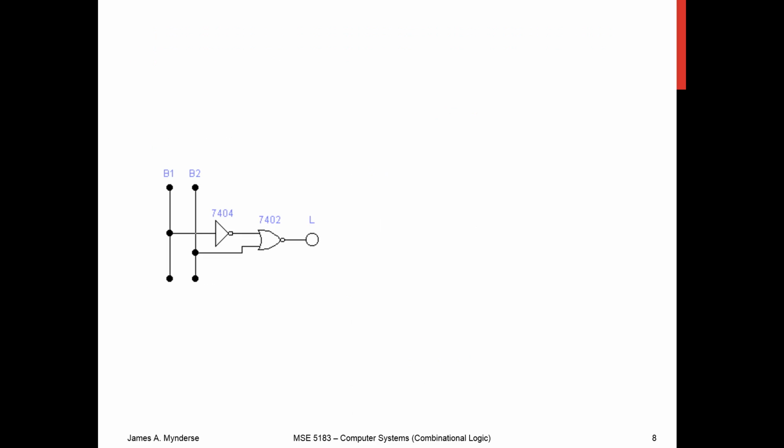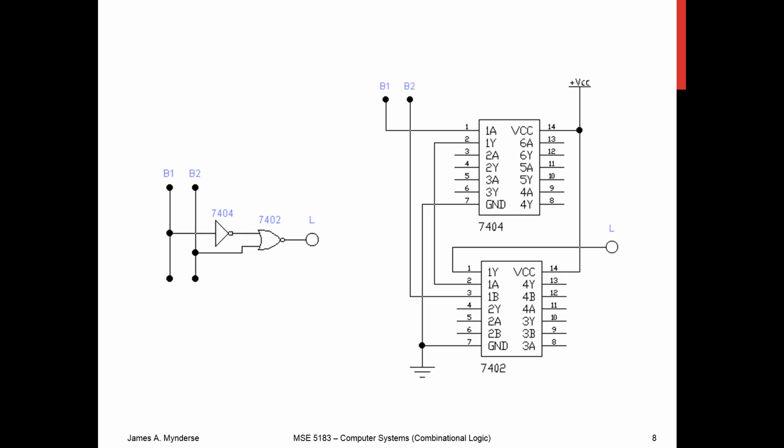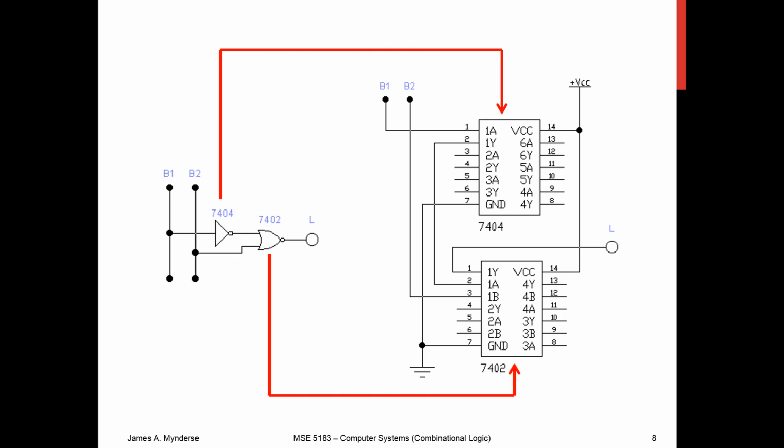If we do want to implement it, and we're going to use the NOR variety here, well, I know that I can implement this with a 7404 and a 7402, and I've got my B1 and my B2 as inputs, and I've got power supplied to both of them, and I've got ground to both of them. And so that's my 7404, that's my 7402.